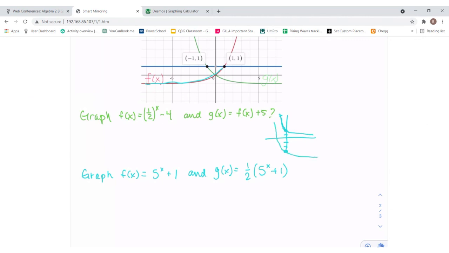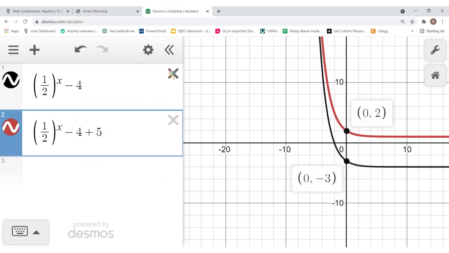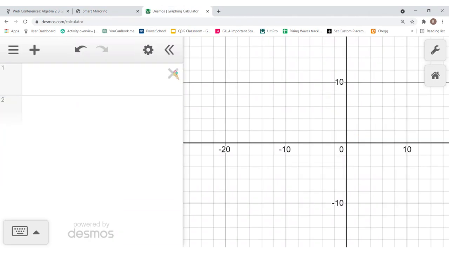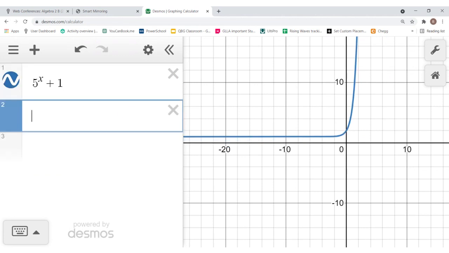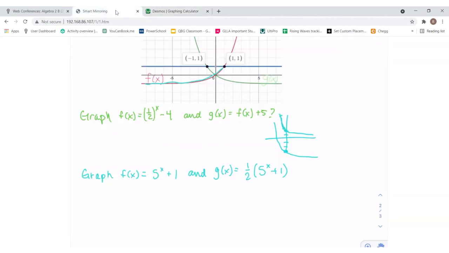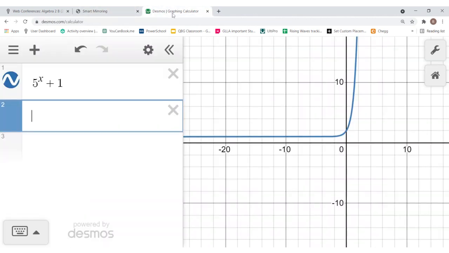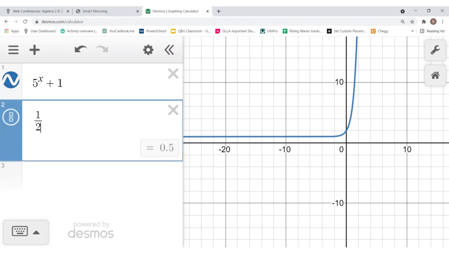Same thing with the next one. If you did 1/2 in front of it, so 5 to the x plus 1 compared to 1/2 of that. Let's make sure 1/2 of that whole thing. So 1/2 of 5 to the x plus 1.